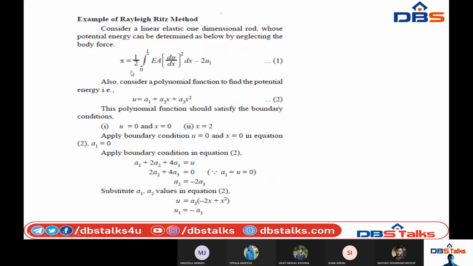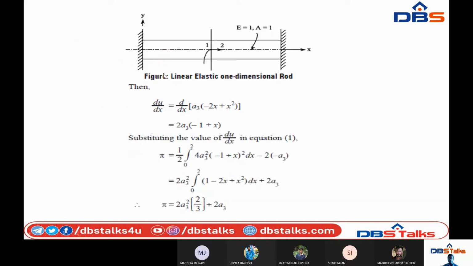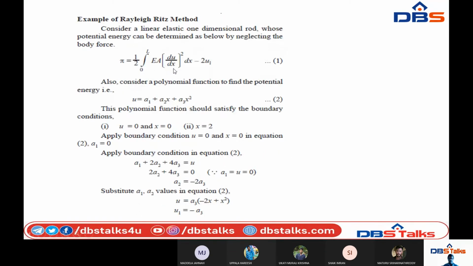For finding the value of total potential energy pi, I know the values of a, but I didn't know the value of du by dx. First I find du by dx and substitute it in equation 1, to get pi. In this, the u value is a3 into minus 2x plus x square.